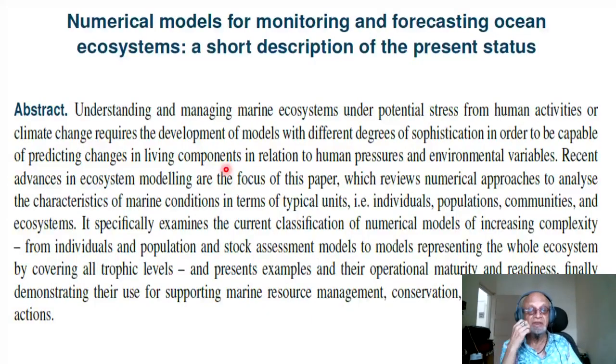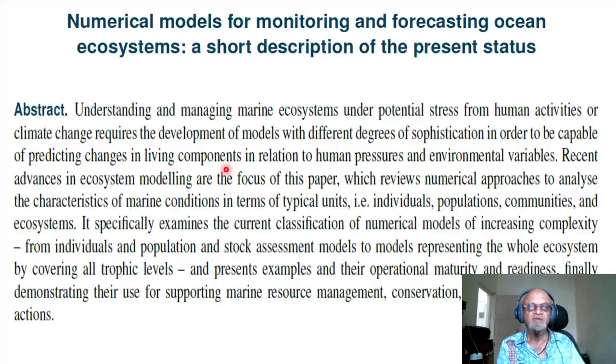Again, here it may depend on what you mean by ecosystem. Is it actually all the way to fisheries? What is the purpose? Is it supporting marine resource management like fishing, or is it for conservation and marine protected areas, or planning future fisheries, and whether it's for reducing our impact on ocean ecosystems, and so on and so forth.